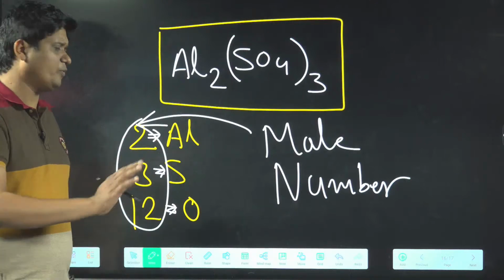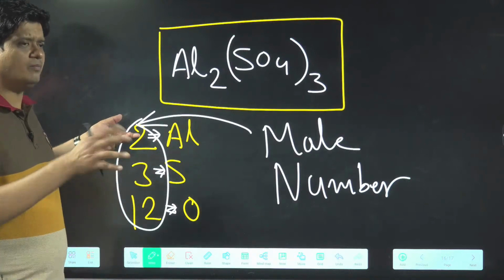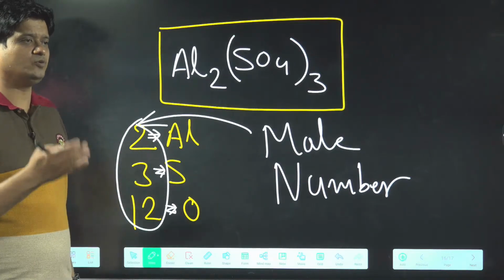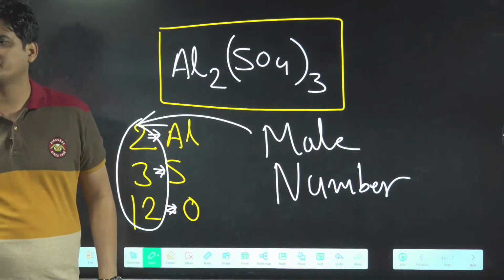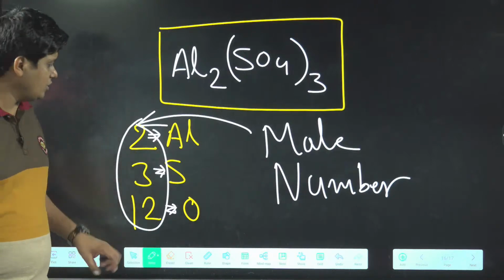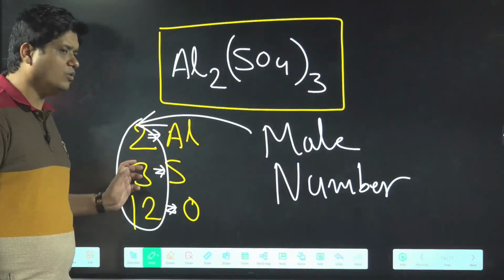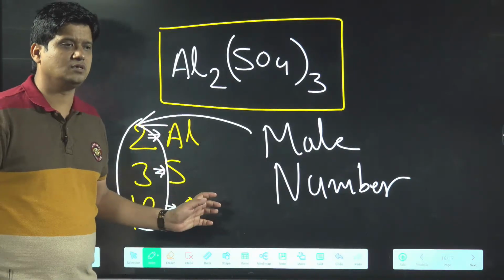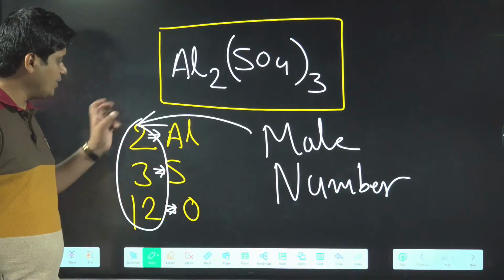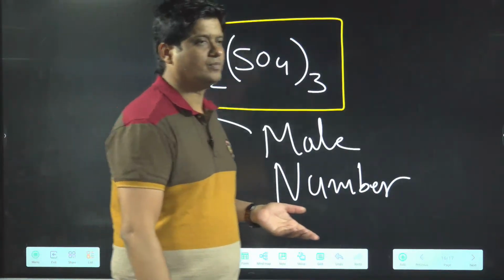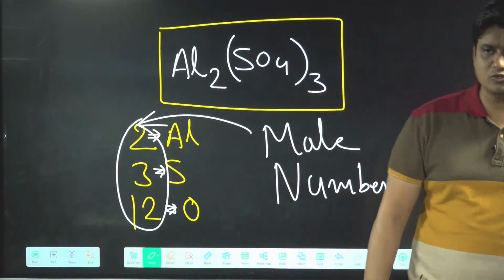Or that you take this 2 for number and 3 and 12 for mole. You always have to be in the same parameter. If you are talking about 2 moles of aluminium, sulfur and oxygen should be in moles. If you are taking number of aluminium, then sulfur and oxygen will be in number. You cannot mix these two.